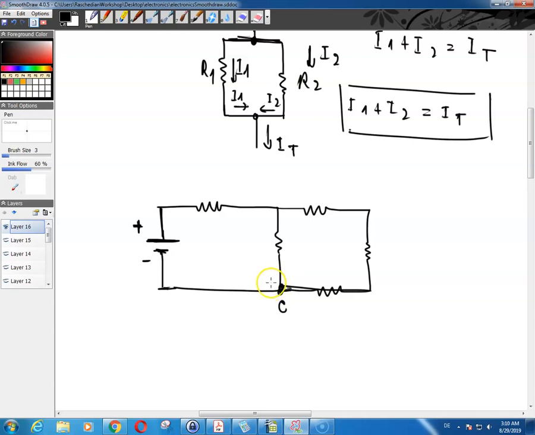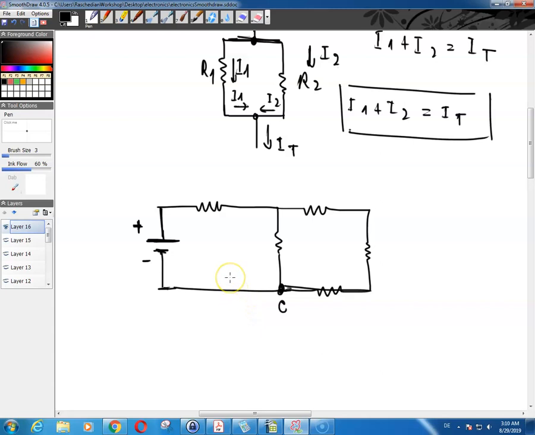Taking into consideration the magnitude of those voltages and the algebraic signs, the sum of all of those voltages coming in and going out is going to be equal to 0. And that's Kirchhoff's voltage law.